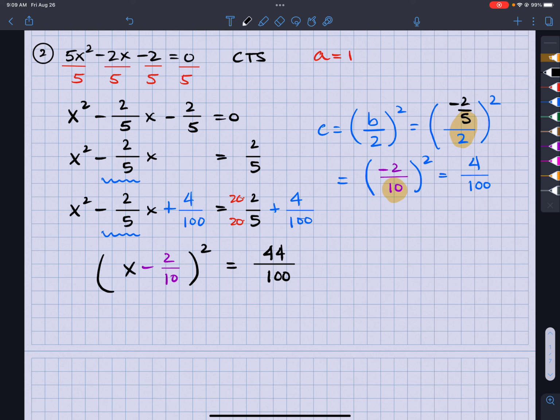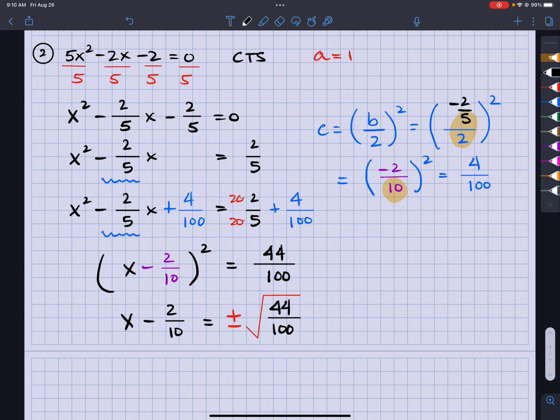Then I have to take the square root of both sides. When I take the square root of both sides, I'm going to have x minus 2/10 is equal to plus or minus the square root of 44/100.